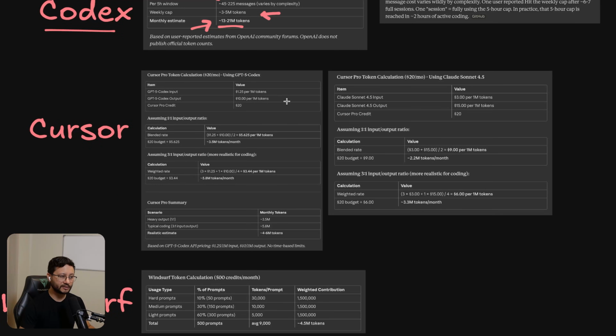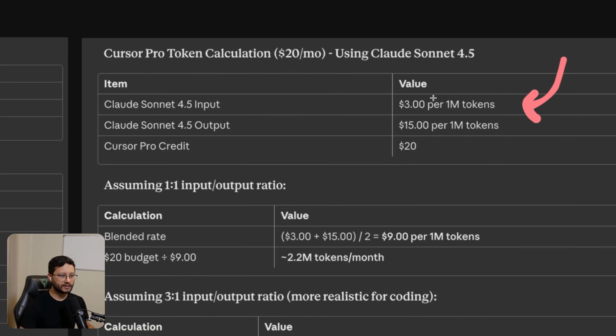Cursor is interesting. I feel like their plan is the worst in the sense that they're using API credits. As you might know, all of the LLMs have a provider. So GPT has OpenAI as a provider, and these providers charge you a certain amount per token of usage. Claude, for example, has Anthropic as a provider, and they charge around $3 per 1 million tokens of input and $15 per 1 million tokens of output.